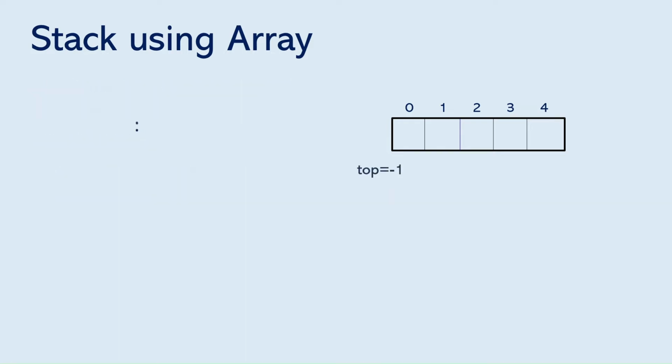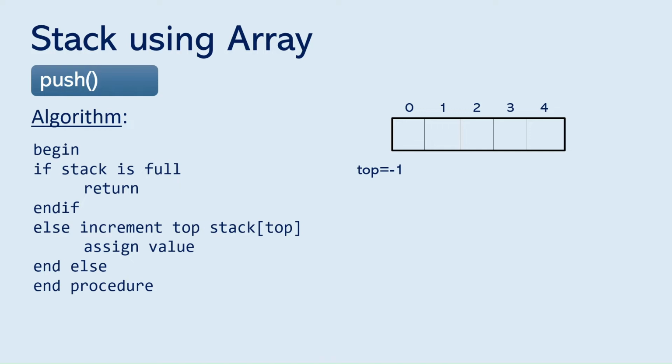Now let's try to push an element into a stack. So the algorithm of the push function is: if stack is full, then return, end if statement, else increment top. So when we actually push the element, the top will be incremented by 1 and it will assign the value to stack of top, which is stack of 0 as of now for the first element, and then we will end the else statement and end of procedure.